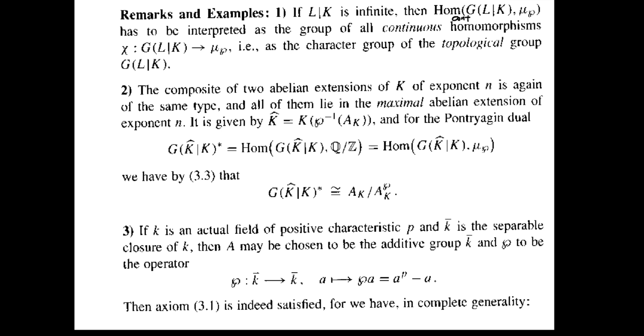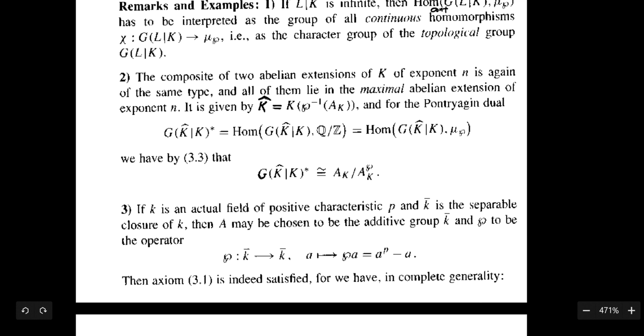The composite of two abelian extensions of K of exponent n is again the same type, and all of them lie in the maximum abelian extension of exponent n, and is given by the Pontryagin dual. We have an isomorphism by 3.3.